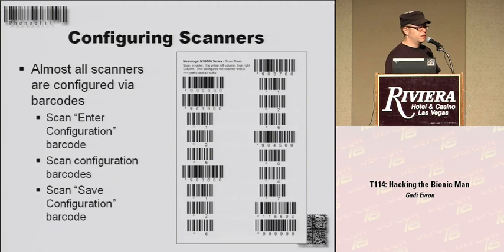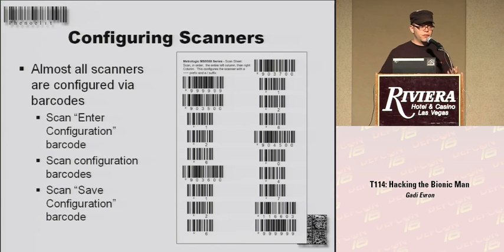So now we're coming to the first interesting thing about barcodes. The scanners that face outside to a potentially hostile barcode are actually configured by barcodes. So you have a scanner. The one side faces an attacker, and the other one is connected to a computer. And you actually configure it from the attacker side, which is really stupid.